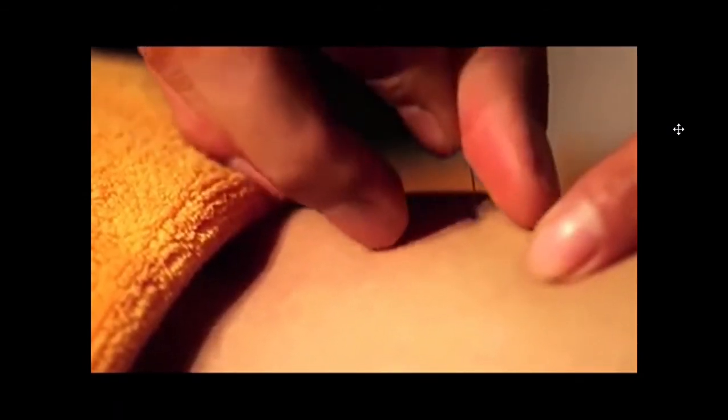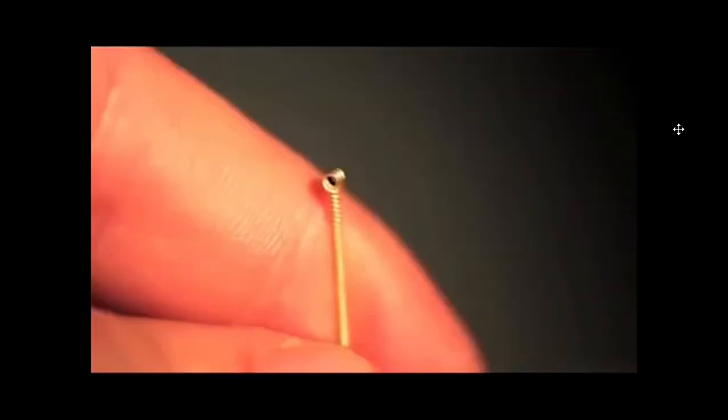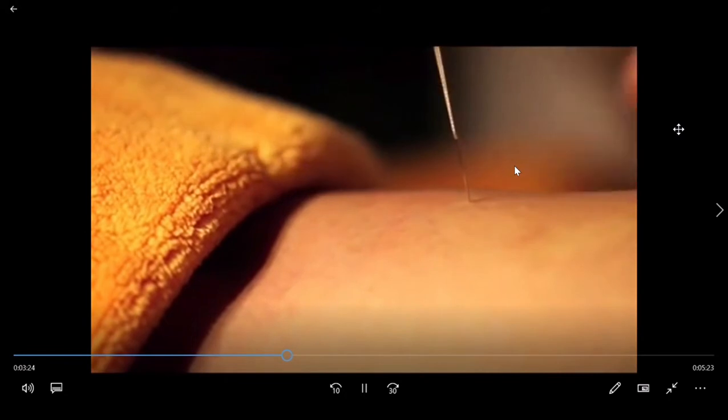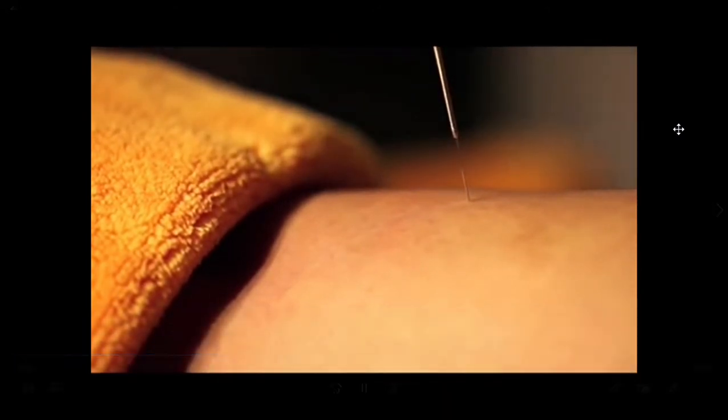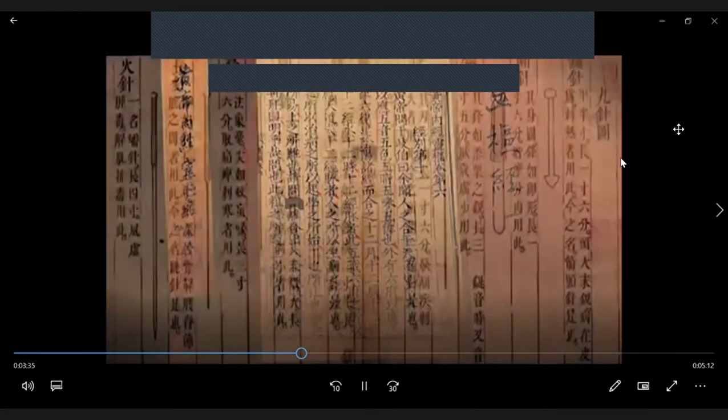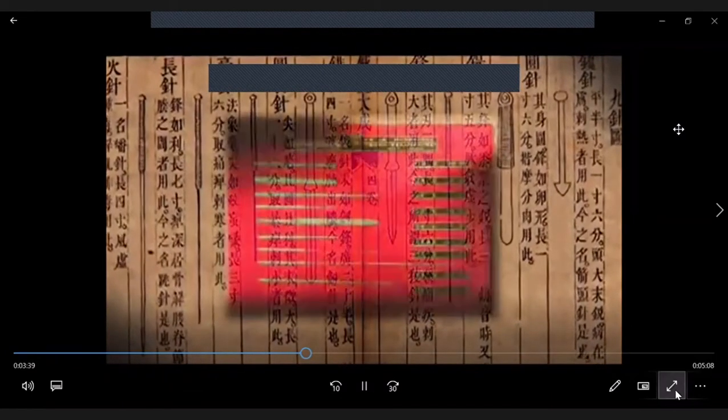Methods such as lifting, thrusting, twirling, and rotating, or comprehensive needle techniques are used for both prevention and treatment of disease. 9 needles of different shapes and dozens of different needle techniques were recorded in the classic of acupuncture in the 2nd to 3rd century BC.